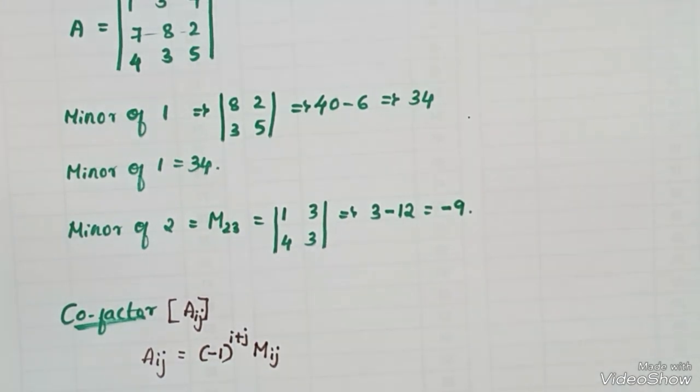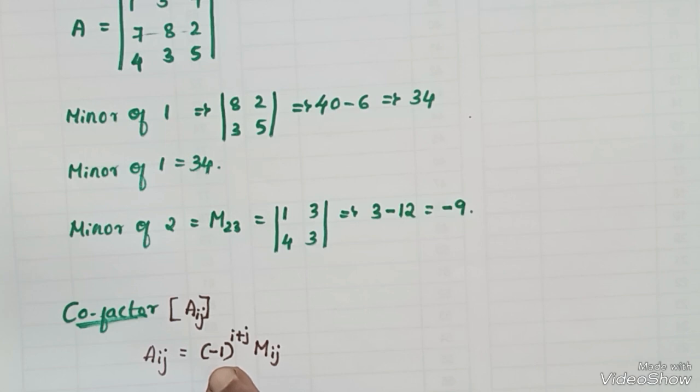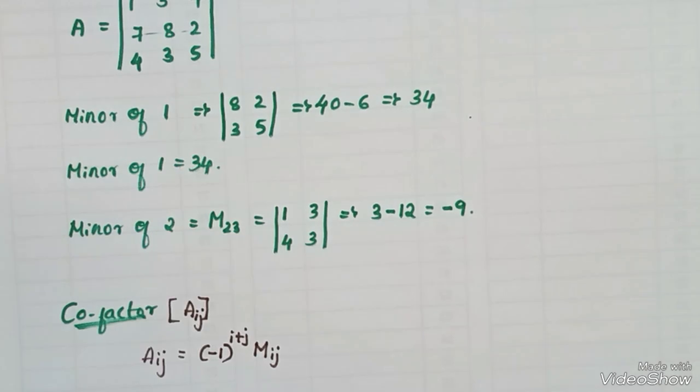It means we have to take minus 1 to the power i plus j for the elements.